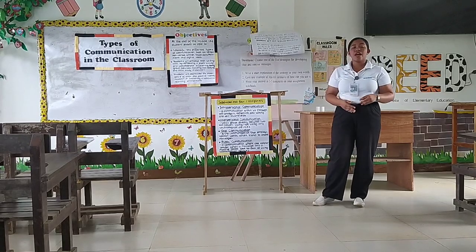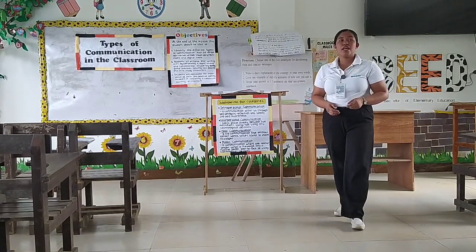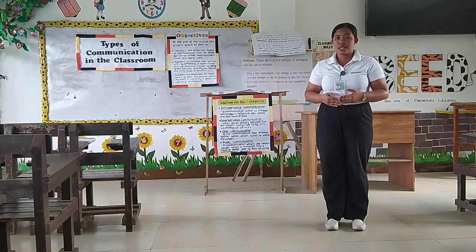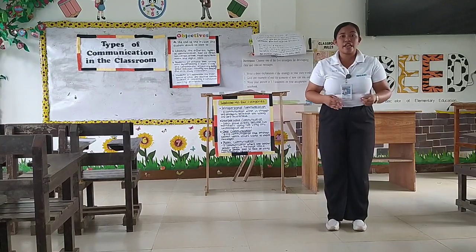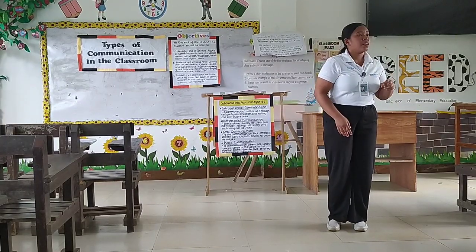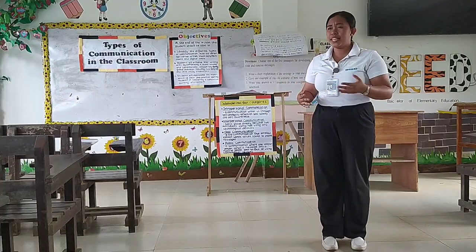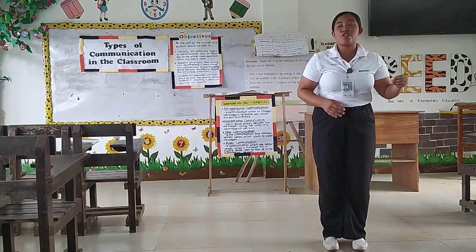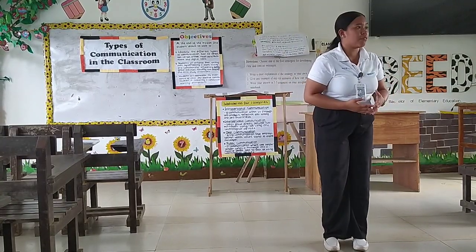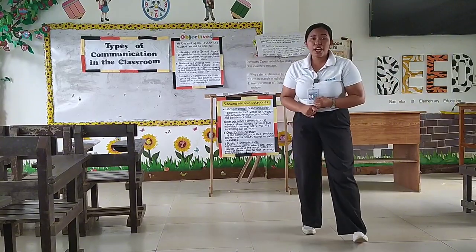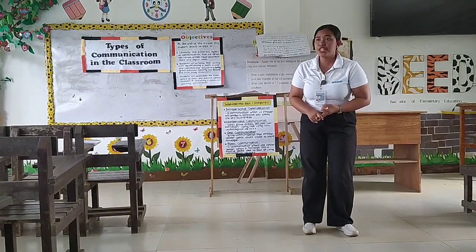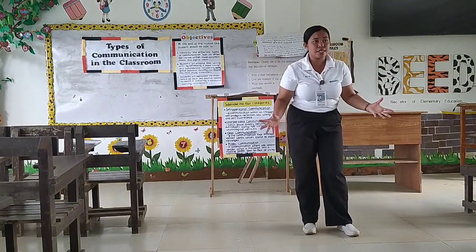Next, lastly, we have the public communication. If we say public communication, it is a communication where one sender sends a message to a massive number of people or audiences, face-to-face or using technological devices such as radio, television, or big screens.